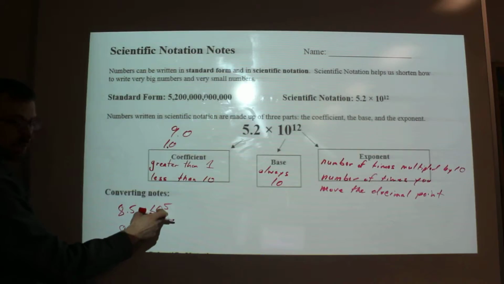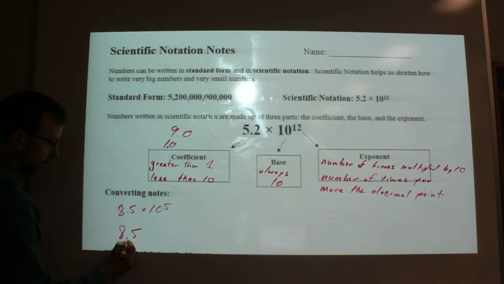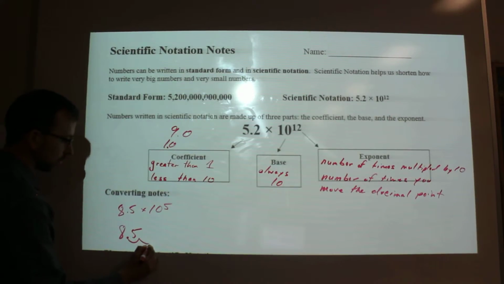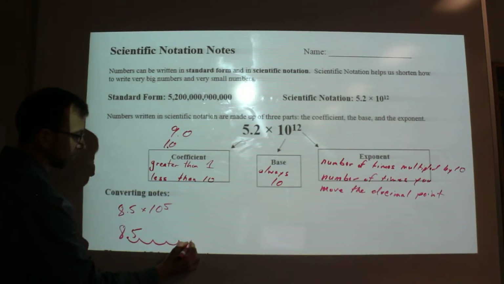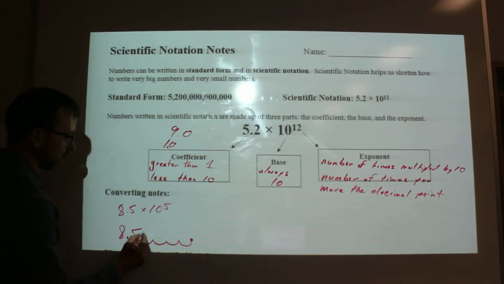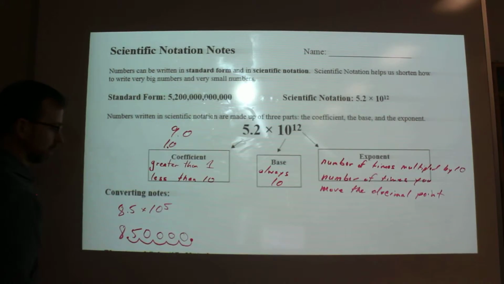Because this is a positive exponent, you're going to move it 5 times to the right. Remember, the decimal point is here in between the numbers. 1, 2, 3, 4, 5. Make your new decimal point, and then fill in these other blank spaces with zeros.